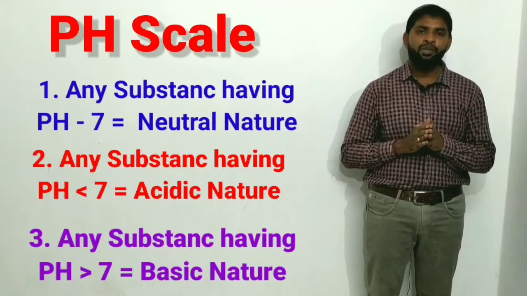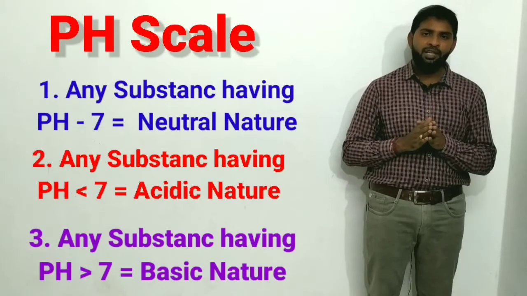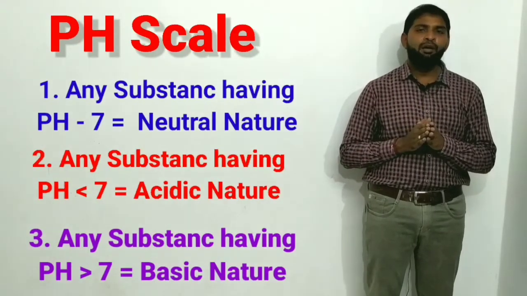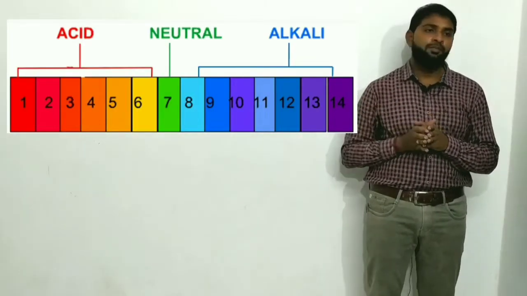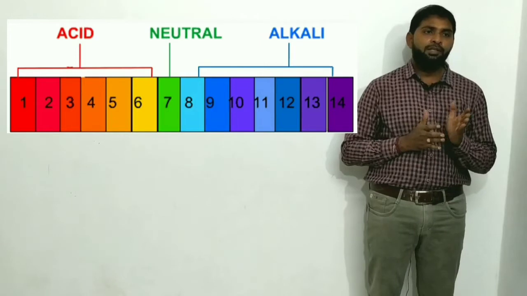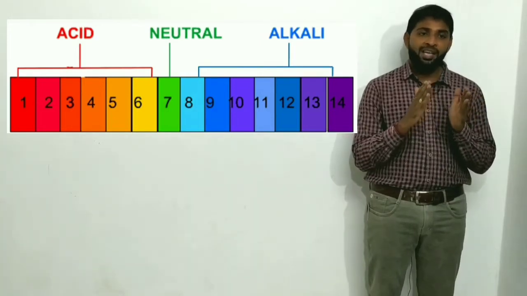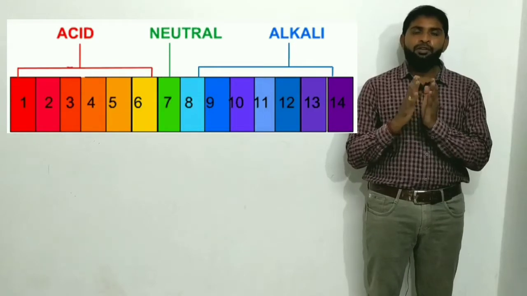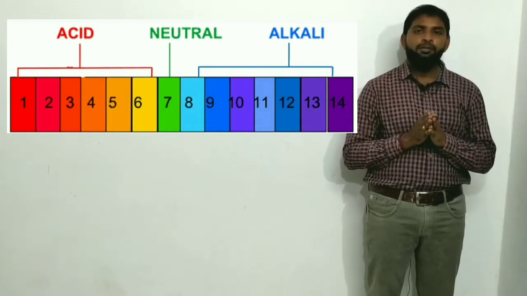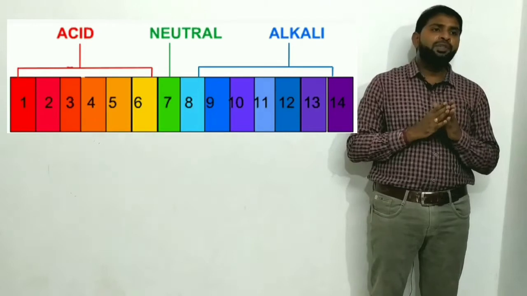Rule number 3, substances having a pH value of more than 7 are basic substances. Our pH scale is from 0 to 14: 1 to 7 acids, 7 neutral, 7 to 14 bases.